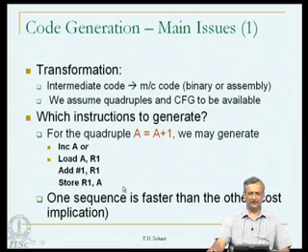The point here is every machine is different, its instruction set is different. Therefore, we cannot assume the existence of a particular type of instruction in every machine. Our algorithms for code generation will have to cater to every type of machine.